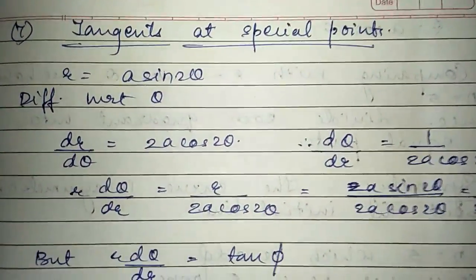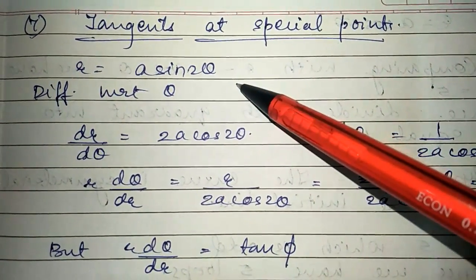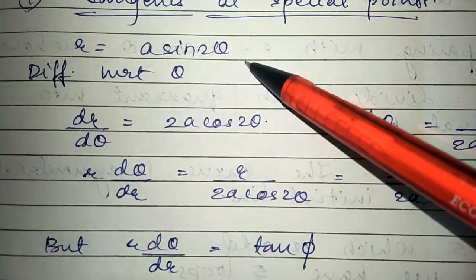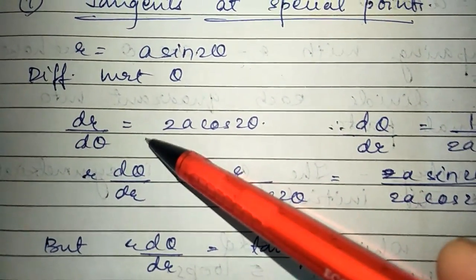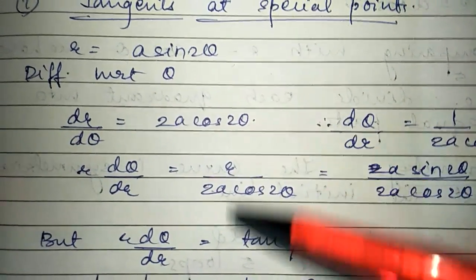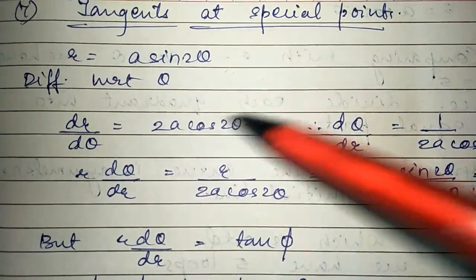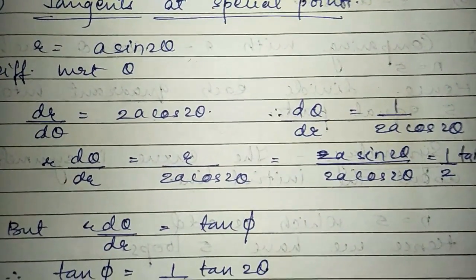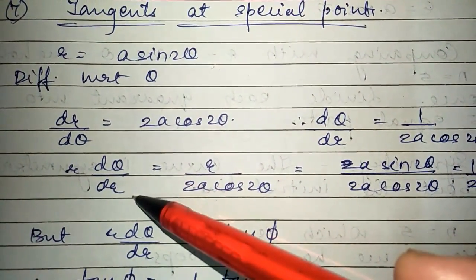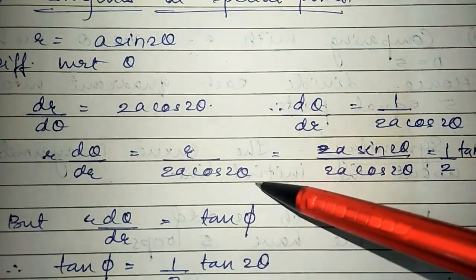Then tangents at special points. We have r = a sin 2θ. We'll differentiate this equation with respect to θ. We have dr/dθ = 2a cos 2θ. So dθ/dr will be the reciprocal of this, 1/(2a cos 2θ). So r dθ/dr will be r/(2a cos 2θ).